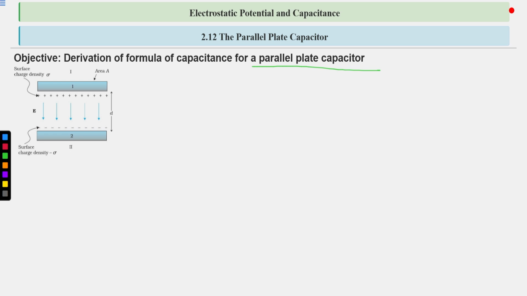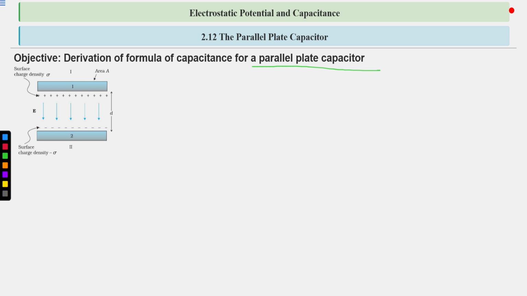Okay, so here the conductors are parallel plates. One is positively charged, one is negatively charged. And there is a distance between them, d, and A is the area of both these plates, which is the same for both the plates, and sigma is the surface charge density for this positive plate, and minus sigma is the charge density for this negative plate.